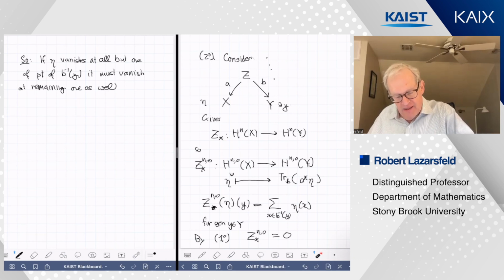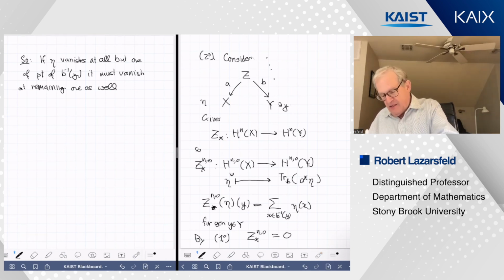And why is this? Well, again, let's look at what this says. By what we've just said, this form has to be 0. So this has to be the 0 form. So what that means is if I take a point in Y here, and I look at its preimage, and if this eta vanishes at all but one of the points of the preimage, and if it didn't vanish at the last one, then it wouldn't trace to 0.